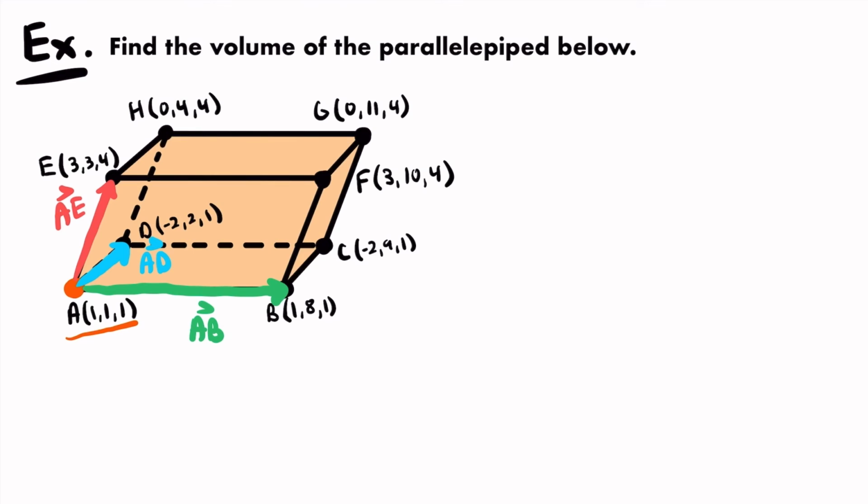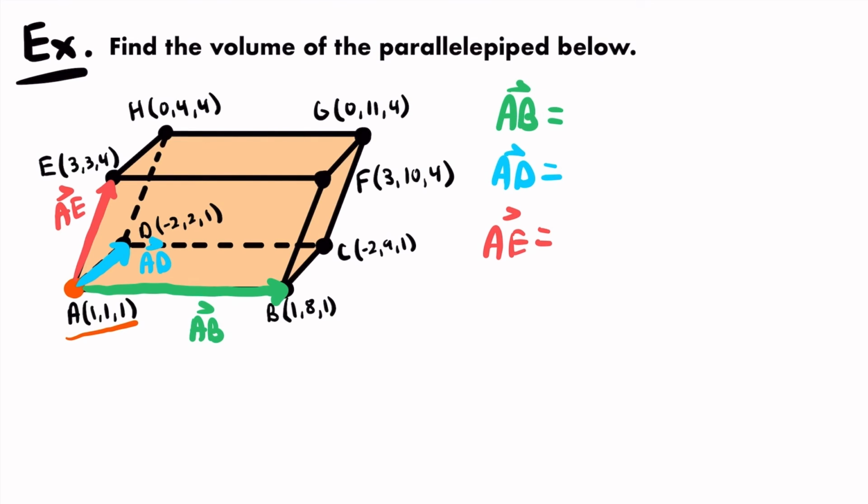Okay, and so now that we've done that, we've chosen our 3 vectors that we're going to use to calculate the volume of this parallelepiped. It's time to actually find those vectors using their initial and terminal points. All right, so here's what we want to find. We want to find vector AB, vector AD, and vector AE. And so let's start with vector AB.